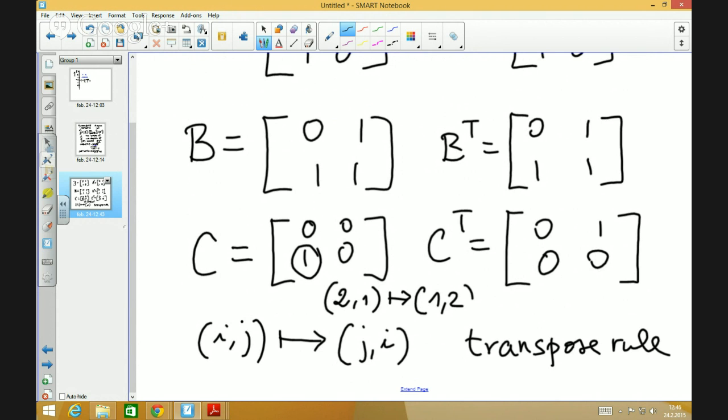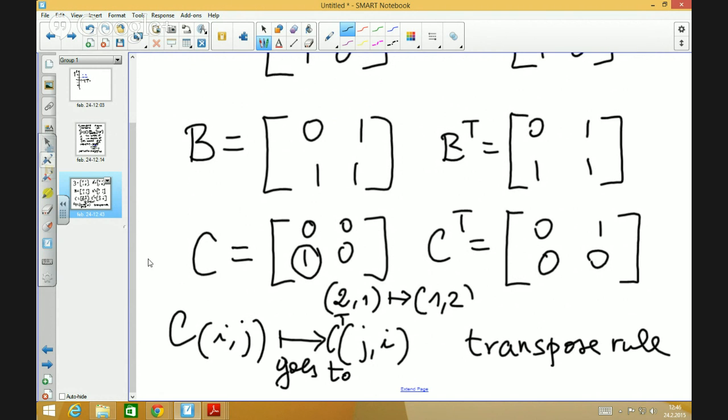Yes? Oh, well, the question is, what does the arrow mean? Sort of, it just means goes to. So if this is C, position ij goes to C transpose, becomes the entry. Oh, you shouldn't read too much. It's not a functional arrow.